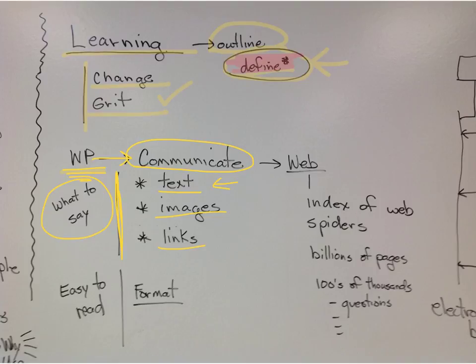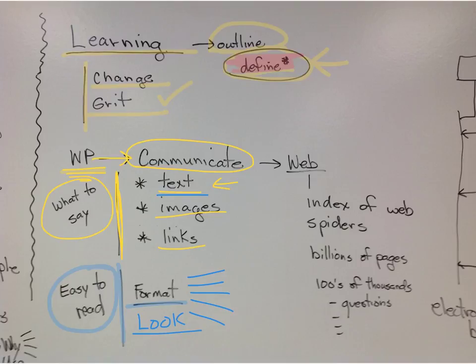Then, this is a whole other avenue. Making it easy to read, this whole idea of formatting. So with formatting, we will take the information and maybe indent, maybe make some bullets, a lot of things to make it look the way we want it to look.